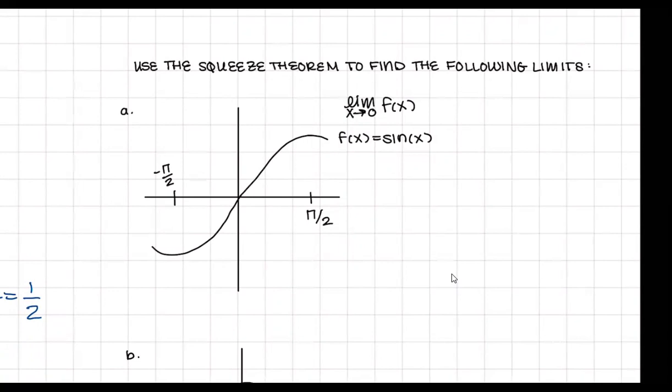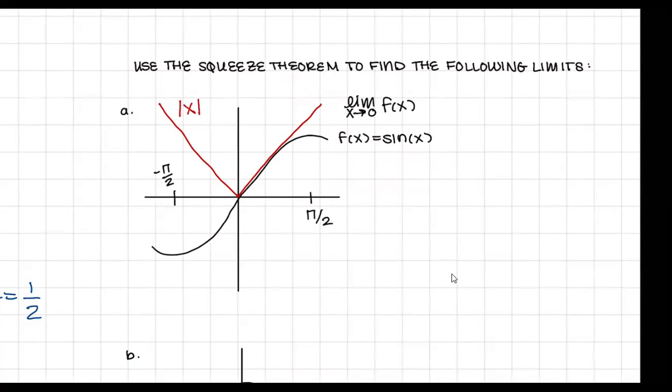So the first function we have is actually sine of x. And I want to build a function on top that's always positive compared to sine of x. And for this one, I'm going to choose the absolute value of x. And why do I choose that one? Because it looks a little something like this.